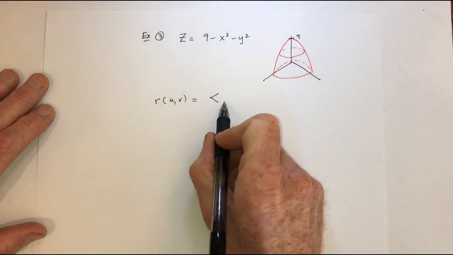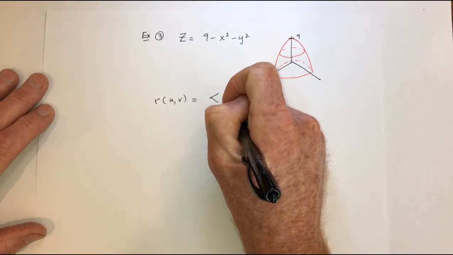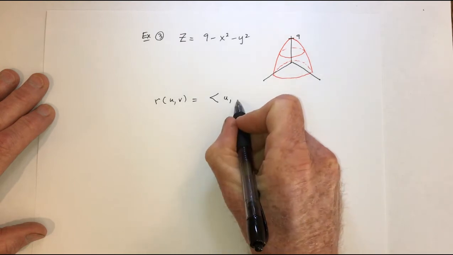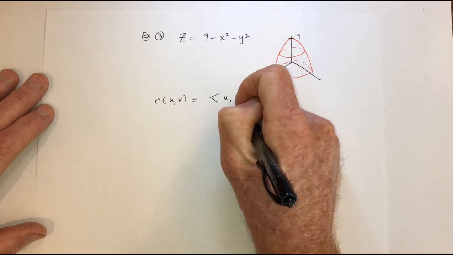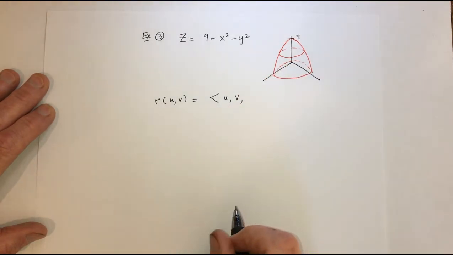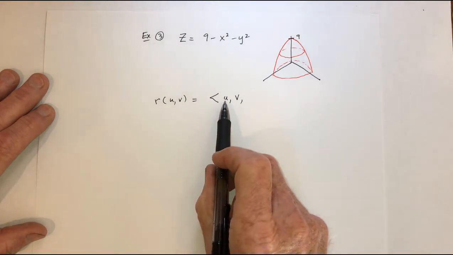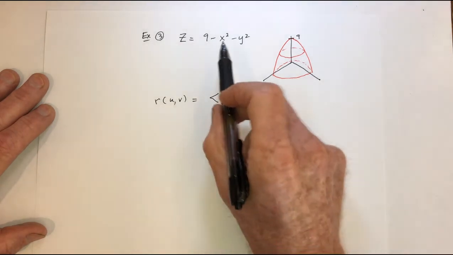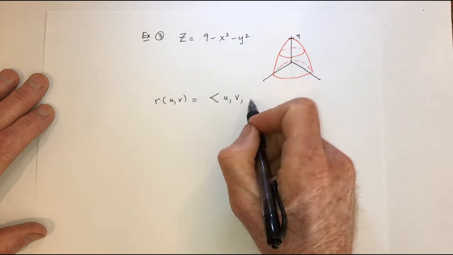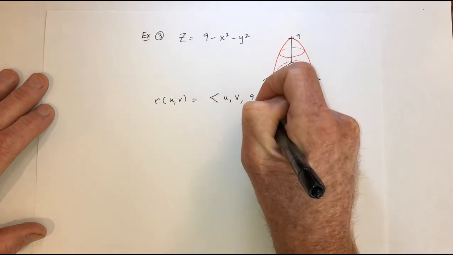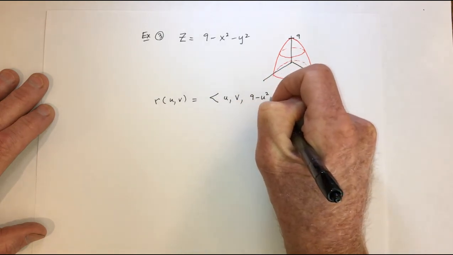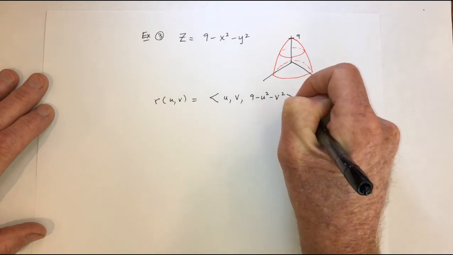So the x component is just going to get replaced with u. And the y component is just going to get replaced with v. So that's basically just telling us x equals this, y equals this. And then plug that in over here. So the z component will be 9 minus u squared minus v squared.